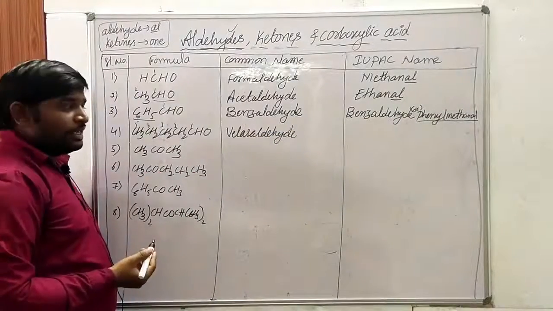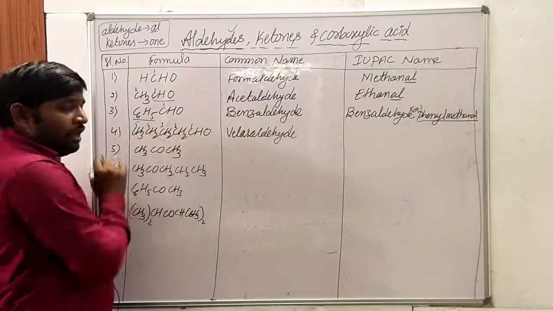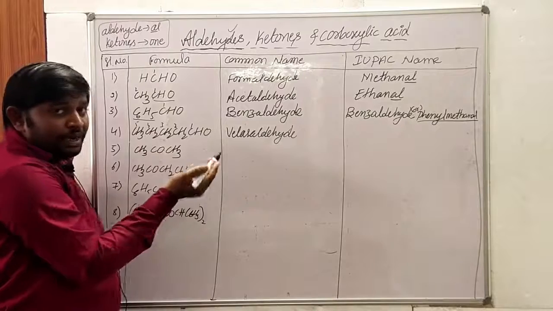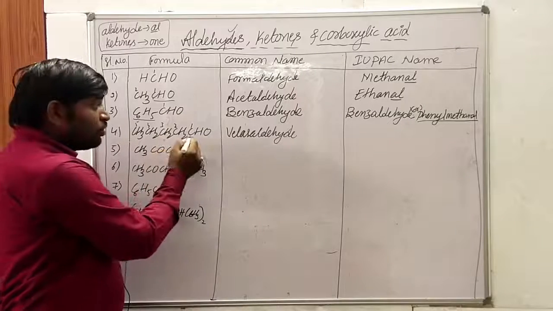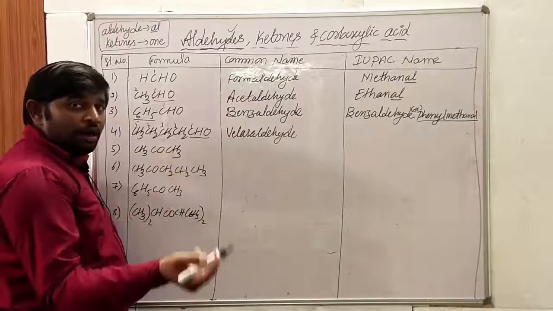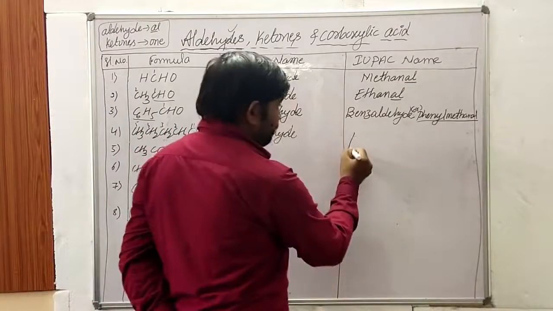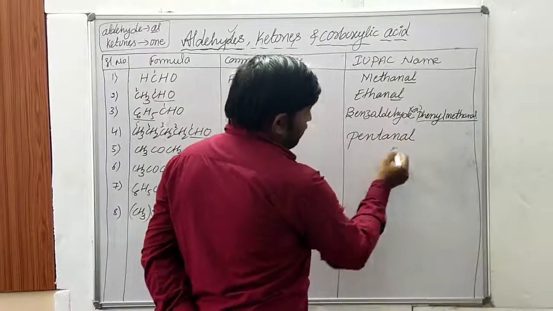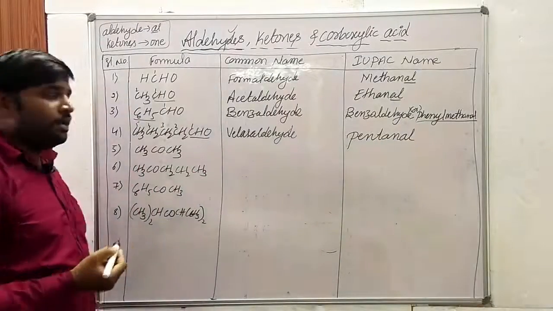What is the IUPAC name? 1, 2, 3, 4, 5. The root for 5 is pentane. Where is the functional group? At the first position. That's why pentan-1-al, or pentanal, we may write. Pentanal is the IUPAC name.